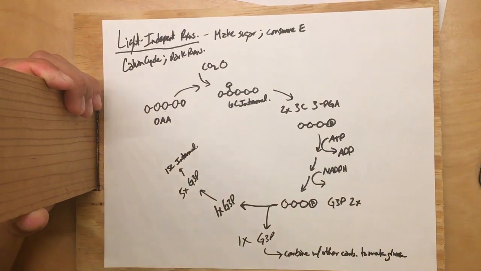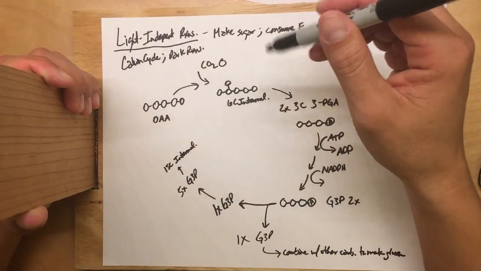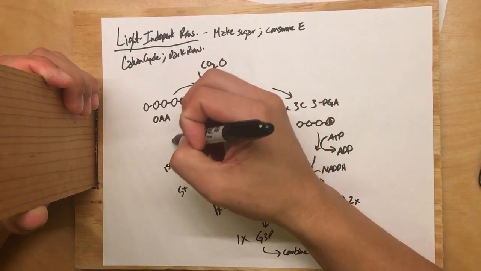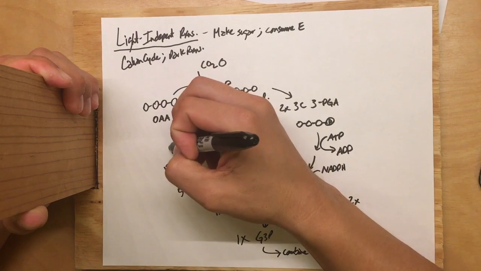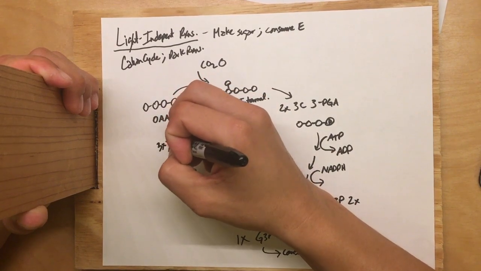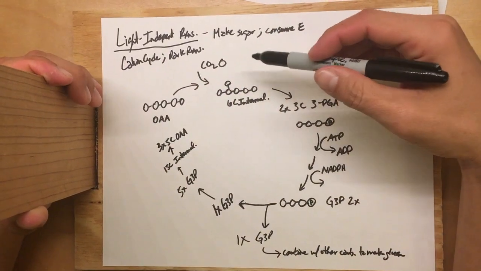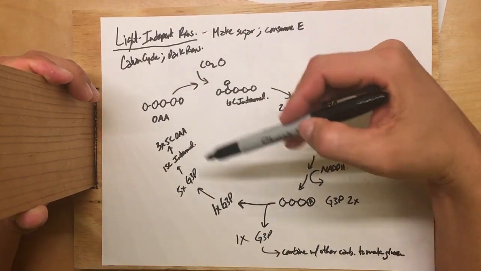And it's just an intermediate. It's not going to hang around very long. But that 15-carbon intermediate is now going to break in 2 locations to produce 3 5-carbon OAAs.